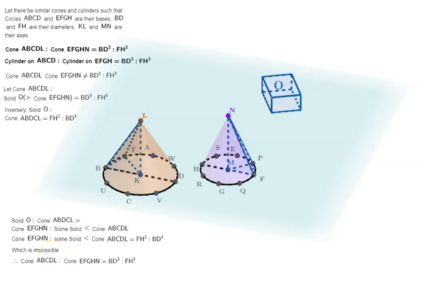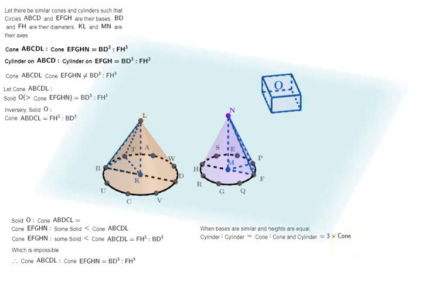So therefore, cone ABCDL is to cone EFGHN is equal to the triplicate ratio of the diameter of the bases, since it can be neither less nor greater. When bases are similar and heights are equal, we know cylinder is to cylinder is equal to cone is to cone, since cylinder is nothing but 3 times the cone.